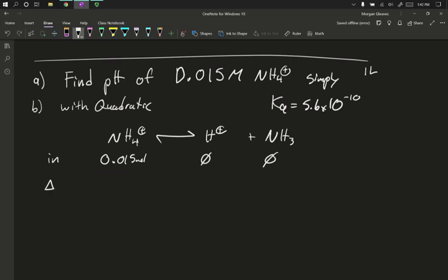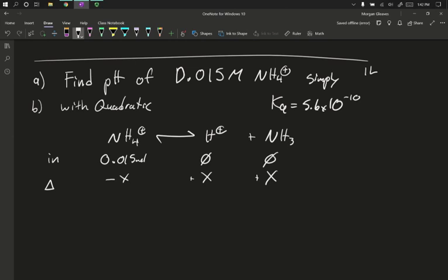There's going to be some change. The only thing that can happen at the moment is that starting material can fall apart. There is no product to go backwards. So we are definitely going to lose some starting material. This is going to create some products, and it's all 1-to-1.